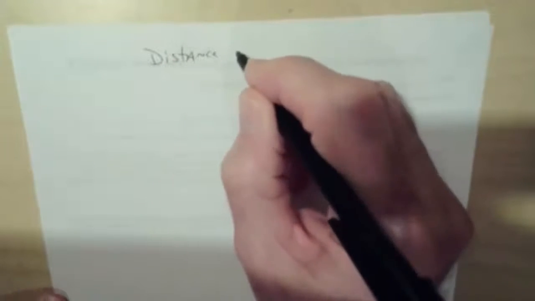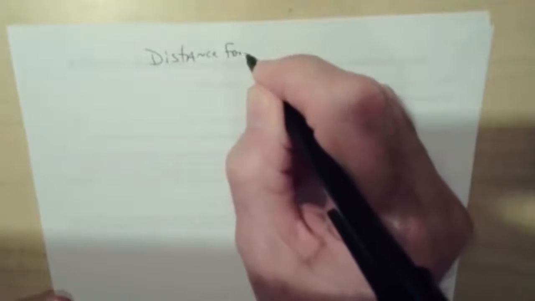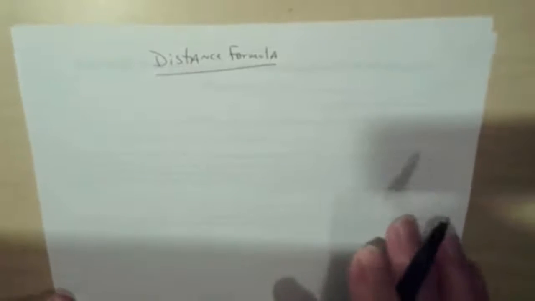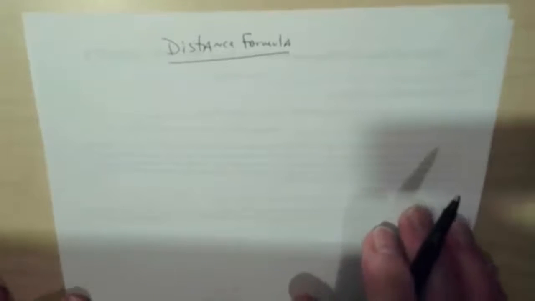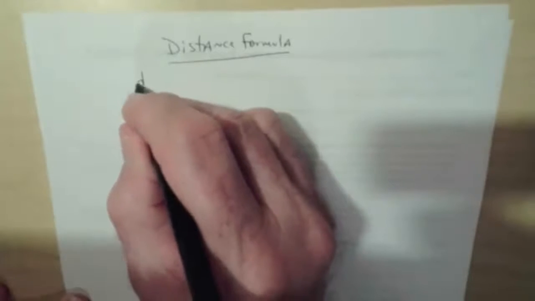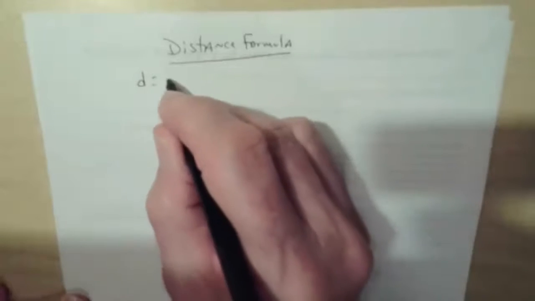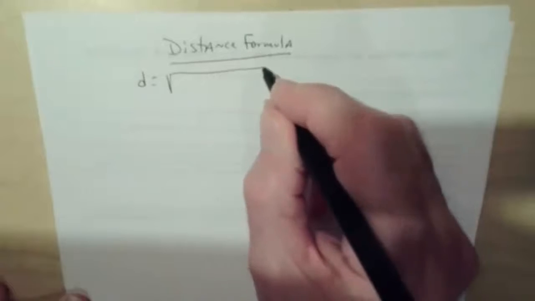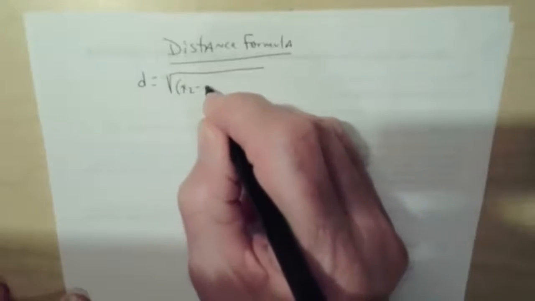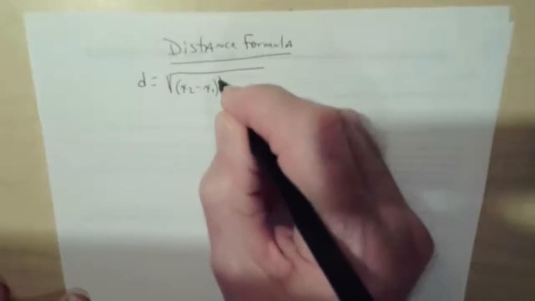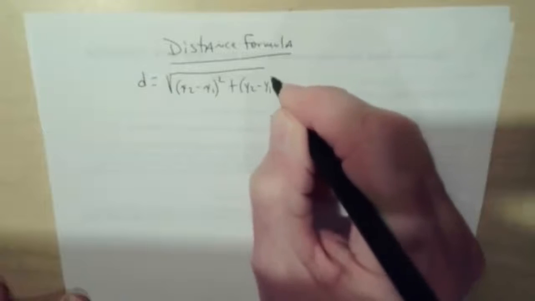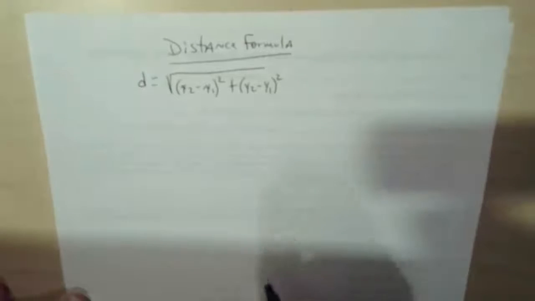Now the distance formula. You're going to see this, not a whole bunch, but you will see it. I sent you a sheet the other day with a lot of these formulas on it. This should be on there. Distance is indicated as lowercase d equals the square root of (x2 minus x1) squared plus (y2 minus y1) squared.